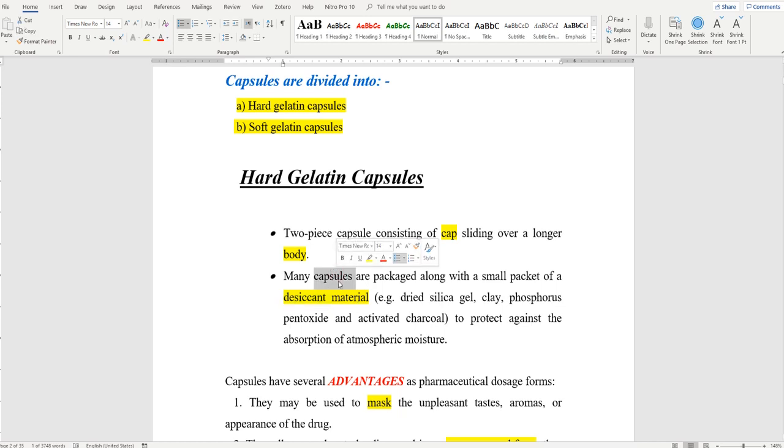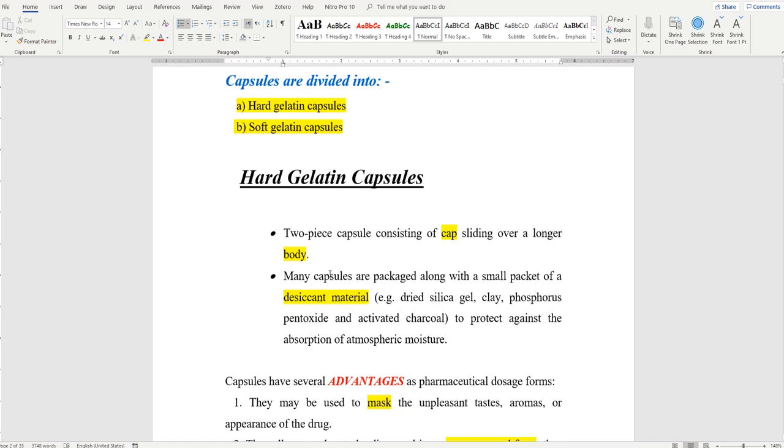Earlier I told you that gelatin capsules are very sensitive to moisture. That's why you need to store them in specific conditions. The environment should not be high in humidity, and it should not be low in humidity either. There should be an optimum humidity surrounding the capsule shells.